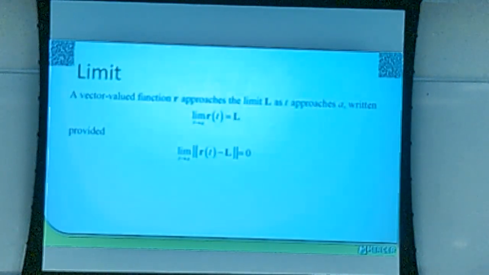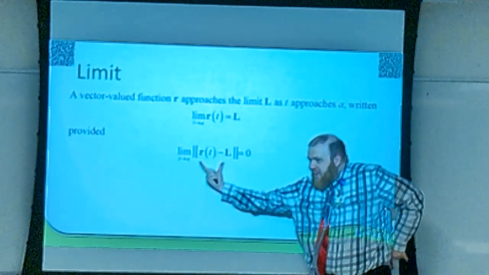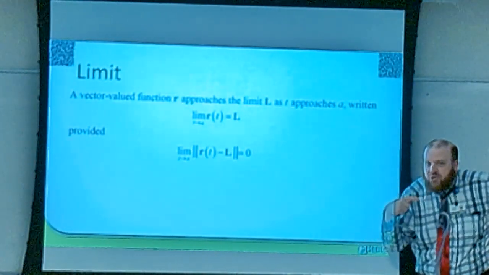What it says is you can get f of x arbitrarily close to L by choosing x sufficiently close to d. This is the formal definition for the limit of a vector value function. This part here is a real value function, which you then plug into the epsilon delta definition.